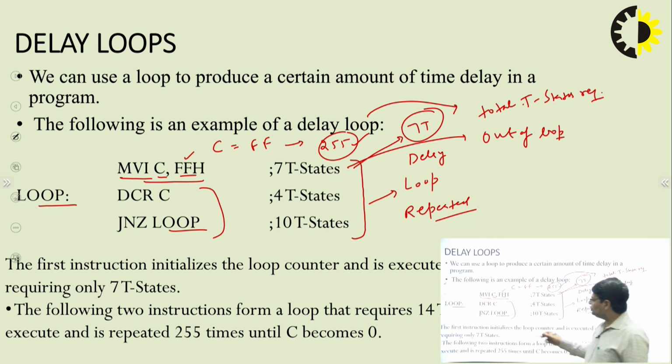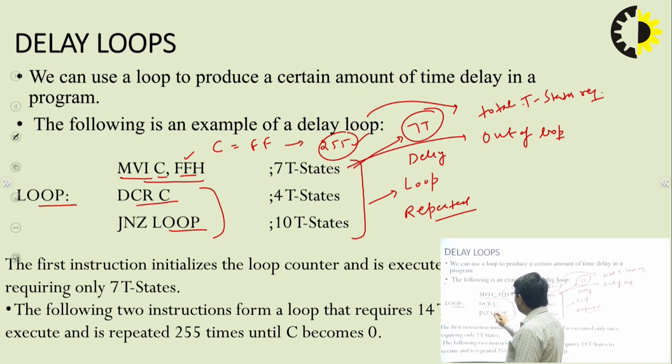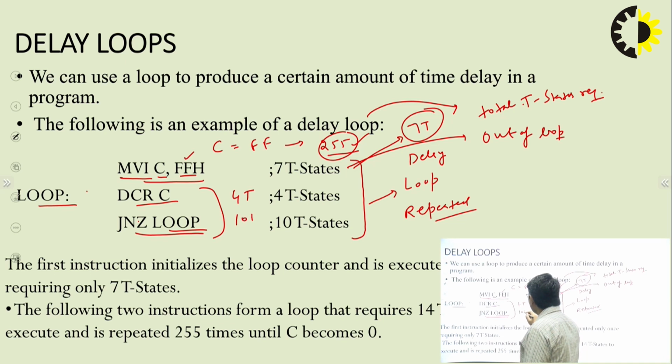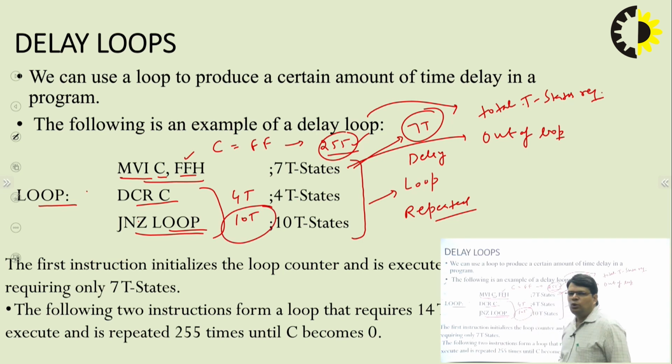Now these two instructions, DCR C and JNZ loop, these are part of loop. So these are repeated again and again up to 255 times. For this part of loop we have 4 T states, and for this part of loop we have 10 T states. But we will see that this JNZ loop will require 10 T states only when the condition is satisfied.